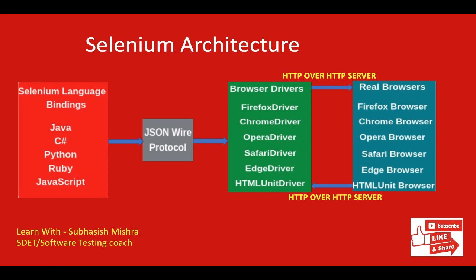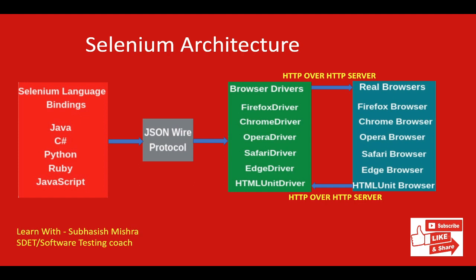Maybe you will have a question: why doesn't the JSON Wire Protocol communicate directly with the real browsers? Why are we communicating through the browser driver? The answer is that browsers do not want to expose their functionality to any third party, and here Selenium is a third party for the real browsers.